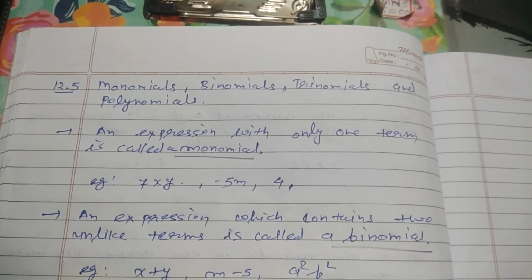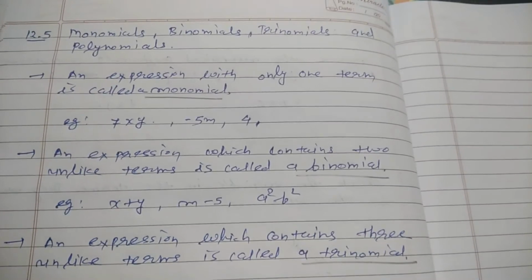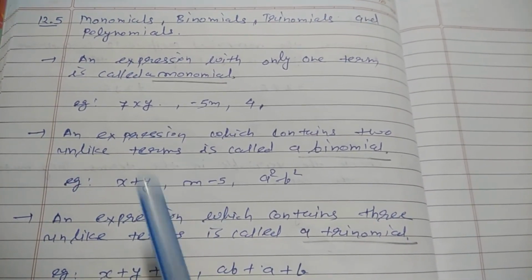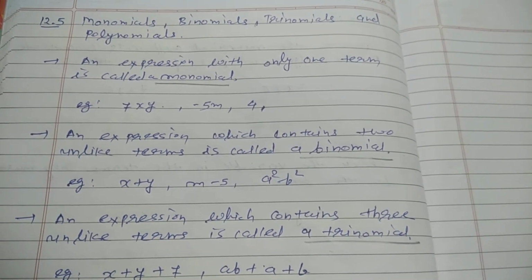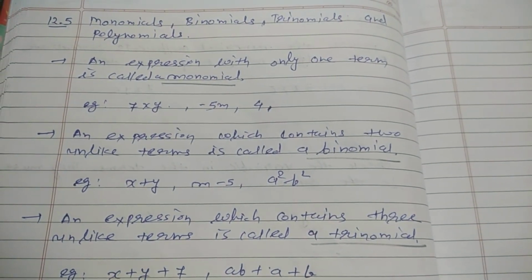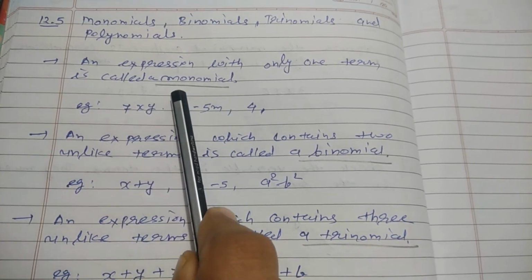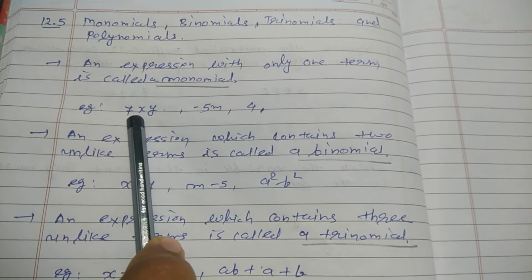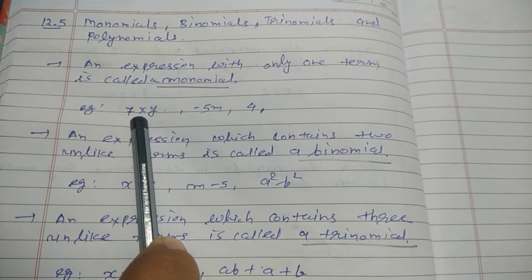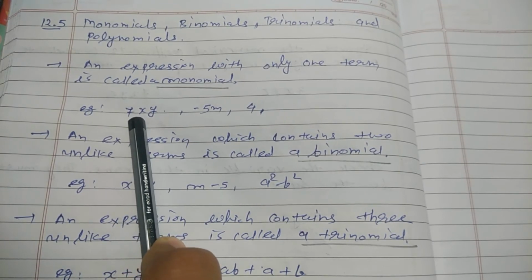Next topic, monomials, binomials, trinomials and polynomials. Here definition number 1: an expression with only one term is called a monomial. For an example, here 7xy, in this expression only one term is there, and that's why this expression is called a monomial.